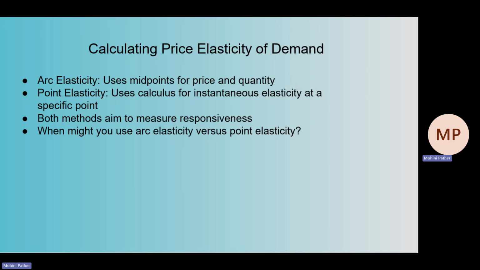Then there's point elasticity. This uses a version of calculus because we're looking at an instant of elasticity at a specific point. Both still aim to measure responsiveness of demand to price changes.